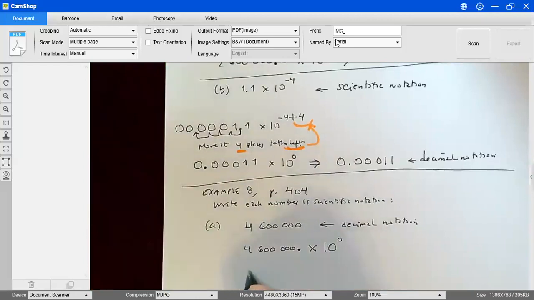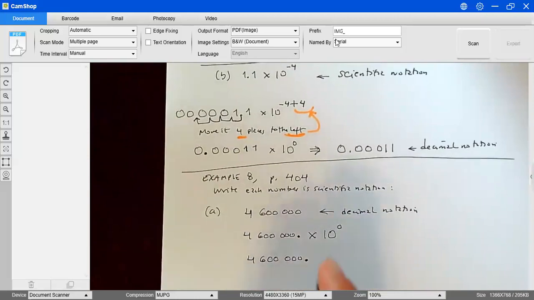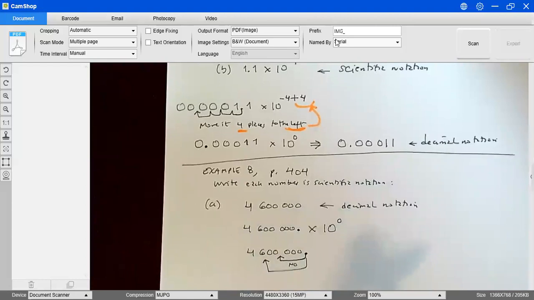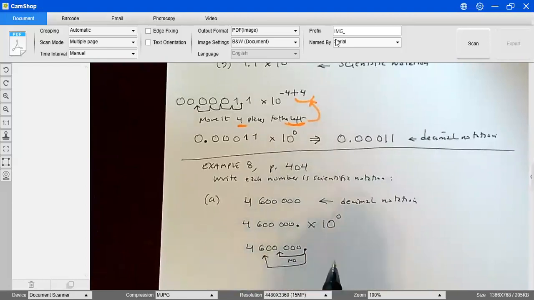So I'm going to write here the number with the decimal point. So if I move the point to this location, I'm not going to get a Mantissa that is going to be between 1 and 9. I'm going to get a Mantissa that is going to be 4,600. This location doesn't work. If I move the point to this location, I'm going to get 46 point something. 46 point doesn't qualify as a possible Mantissa.